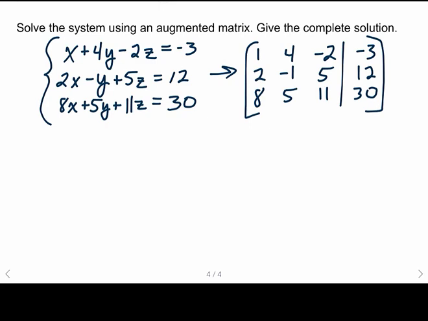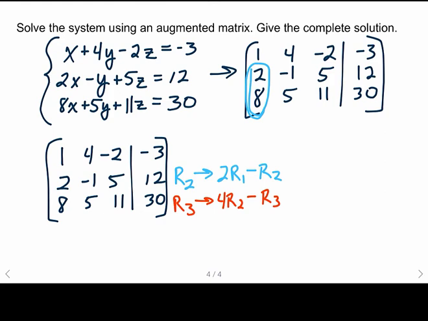Now, just like we did before, I want you to get zeros in the first columns of the second and third rows. Pause it, do that, come back. Just to make sure we're on the right track, I'm going to replace row 2 by 2 times row 1 minus row 2, and then I'm going to replace row 3 by 4 times row 1 minus row 3.